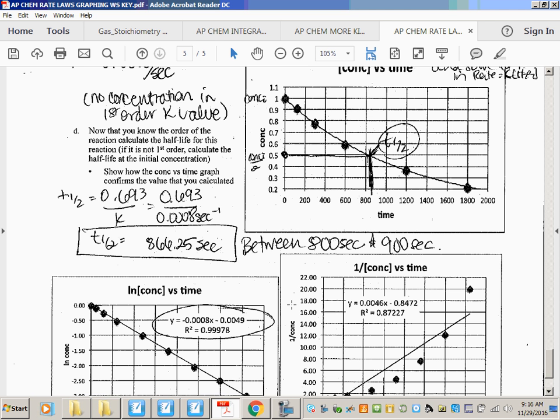It has to be concentration versus time because I know the initial concentration and the halfway point, going from 1 to 0.5. I can go over to see the time it took, which is about 850 seconds. That was an estimation based off the graphical analysis, or you could plug into the first order half-life equation to get the exact, so 866-ish.